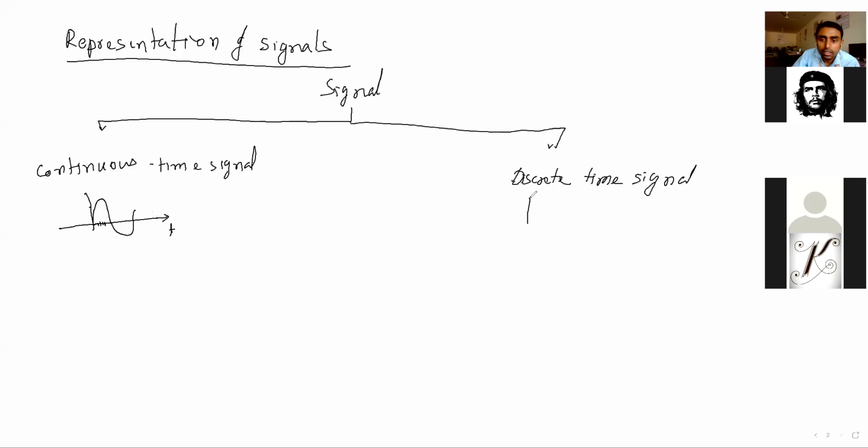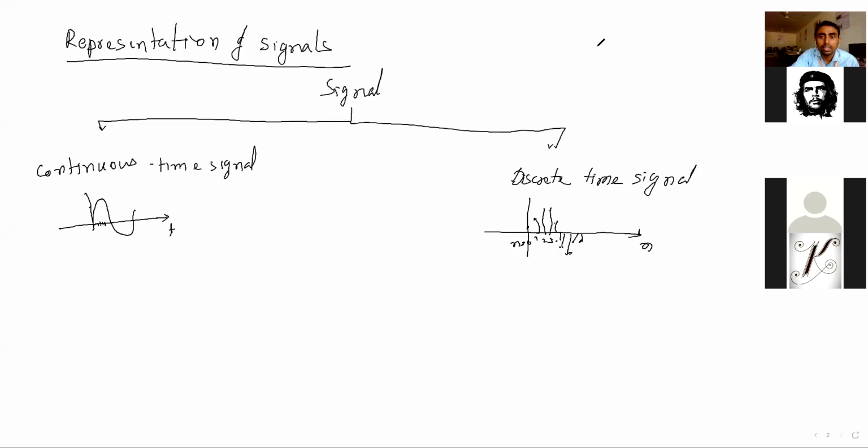And in a discrete time signal, the signal exists for some discrete set of time. Here this axis is represented by time, t. In discrete time, this axis is represented by n, where n means integer values. Here n equals 0, this is n equals 1, n equals 2, n equals 3, and it goes on like that.